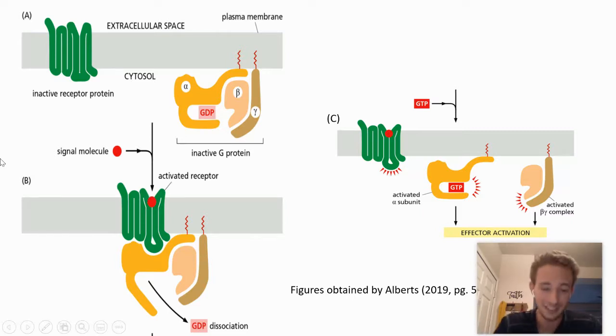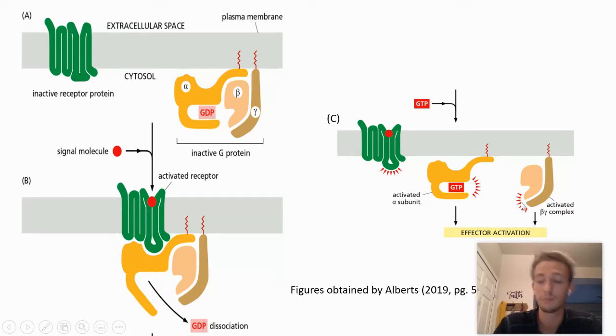So in this case, the signaling molecule binds to the binding site, which activates this activated domain of the receptor, thus binding to a G protein, and it actually exchanges GDP, guanosine diphosphate, for GTP, which activates the alpha subunit. It's a 3-subunit protein, the alpha subunit of the G protein.